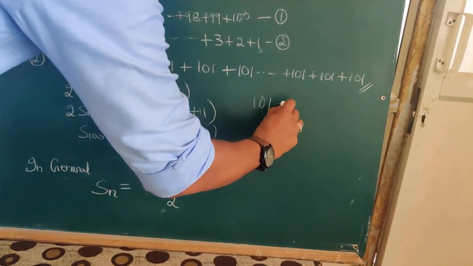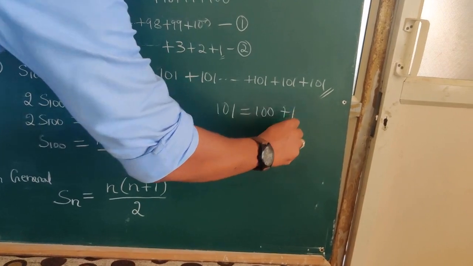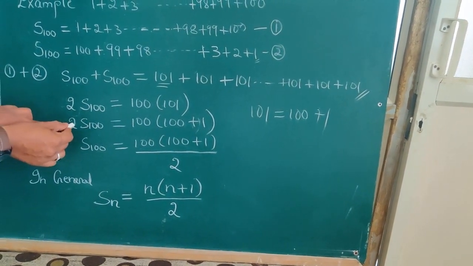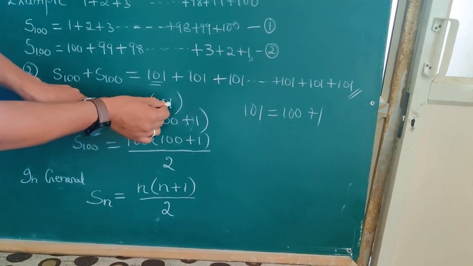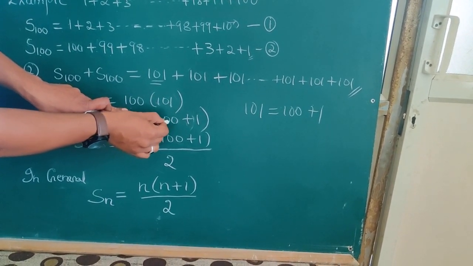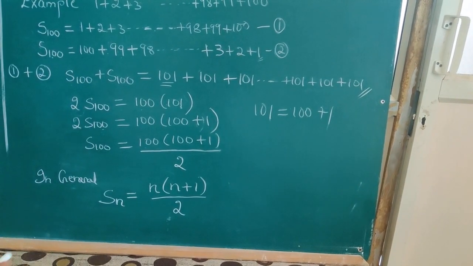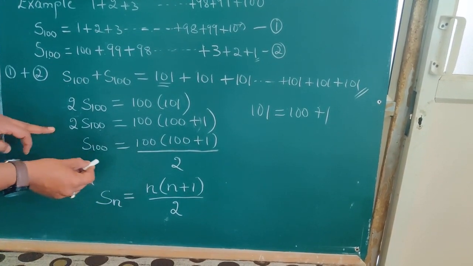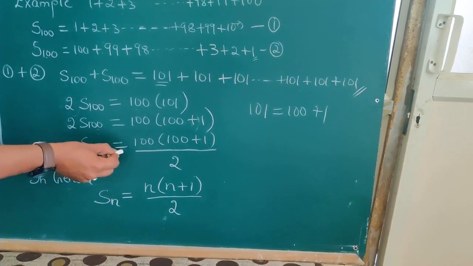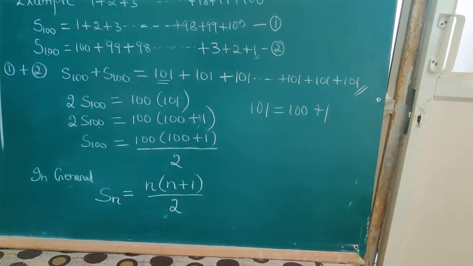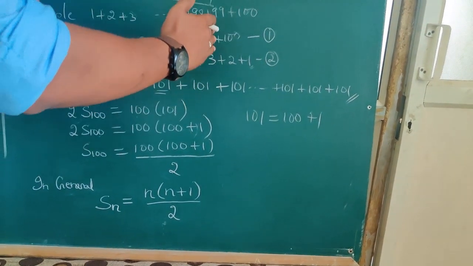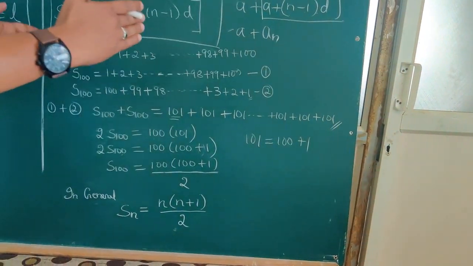Therefore, 2 S100 is equal to 100, kept as it is, into 101 written as 100 plus 1. Understand, children? Now transfer the 2 to the other side, so that S100 is equal to 100 into 100 plus 1 by 2. This is the sum of the first 100 natural numbers.